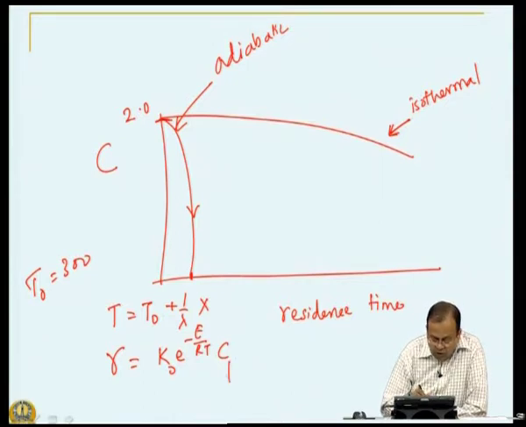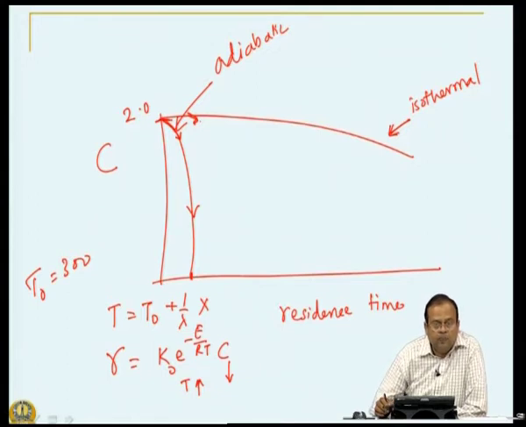So, our concentration is decreasing, but our temperature is increasing. With increase in temperature, the exponential term with negative E by RT increases and the rate of reaction increases, and therefore the concentration decrease is now much more rapid as compared to when temperature was constant.